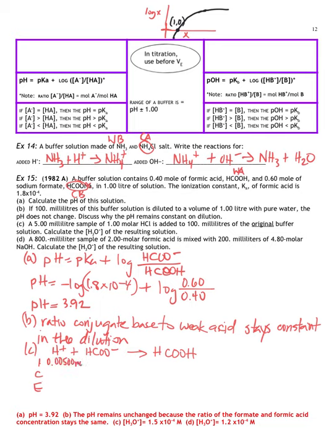0.00500 moles. And then, of course, how much I have originally that I'm reacting, let's see, I have 1/10 of this amount right here of the conjugate base, which is right here. What's 1/10 of this value? If you said 0.060, you're correct.